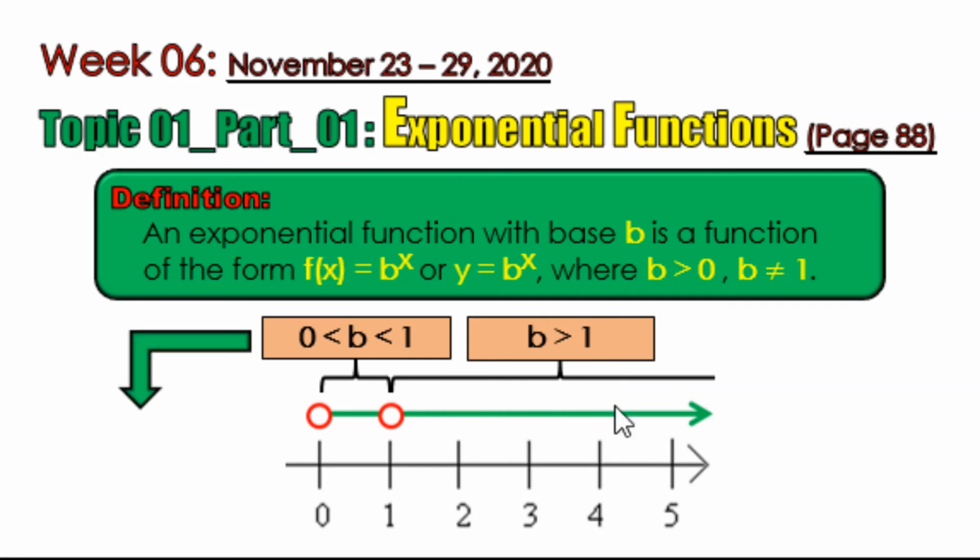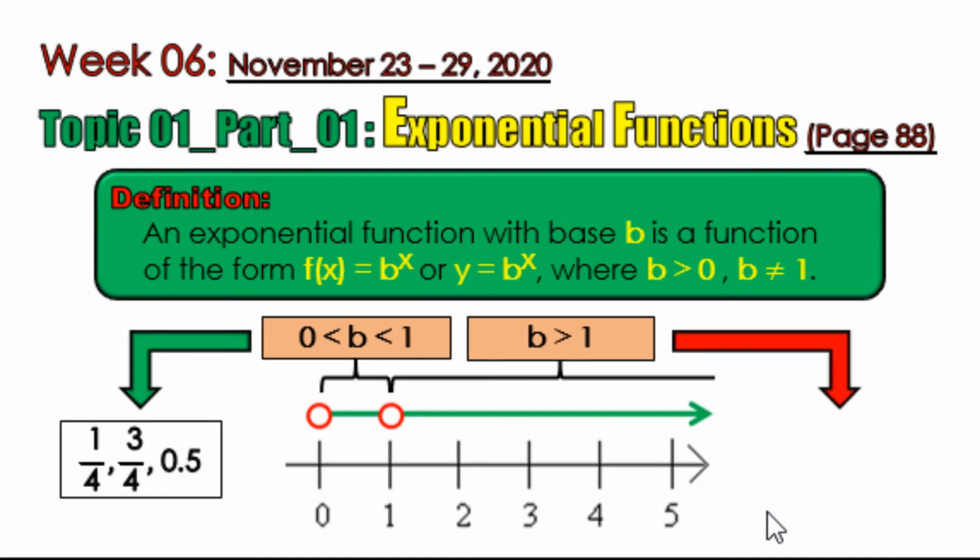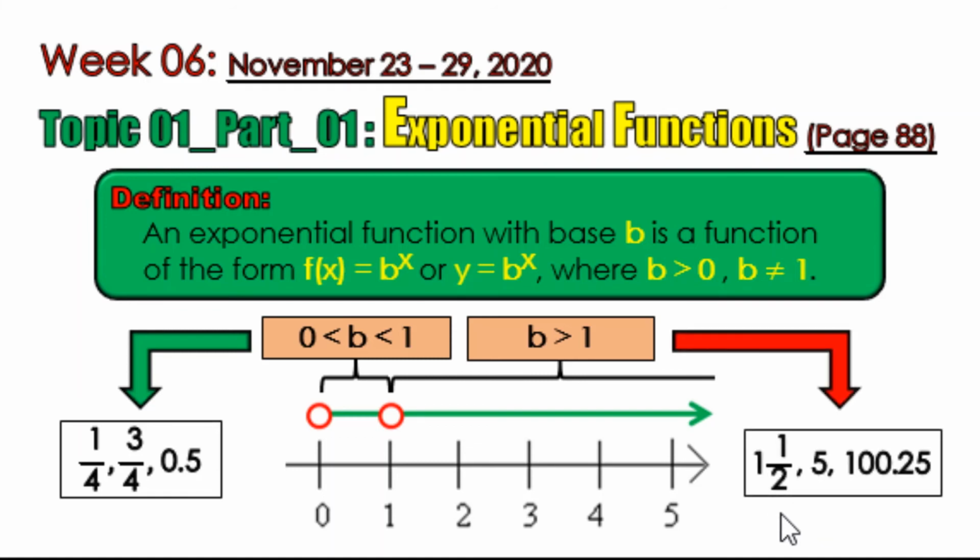For b between 0 and 1, we can have the values of b as 1/4, 3/4, or 0.5. Or if b is greater than 1, we can have some of the values of b as 1 and 1 half, 5, 100.25, and you can give as many as you can.